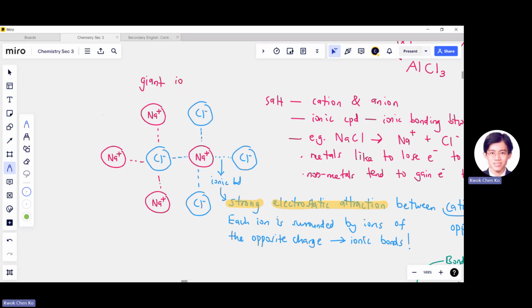But let me use a more specific term, giant ionic structure. Later you see the reason why I use this term, even though giant crystal lattice is not wrong, or giant lattice is not wrong. Okay, so the bonds will be stretching throughout the whole piece of crystal. Giant ionic structure, giant crystal structure, that's fine too. Giant ionic lattice, giant lattice. But again, as I said, I use this more often for an important reason.